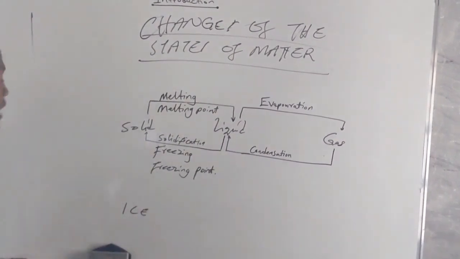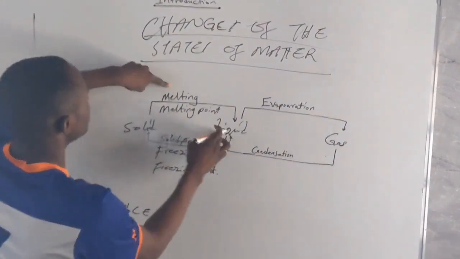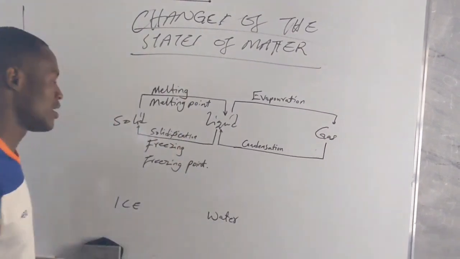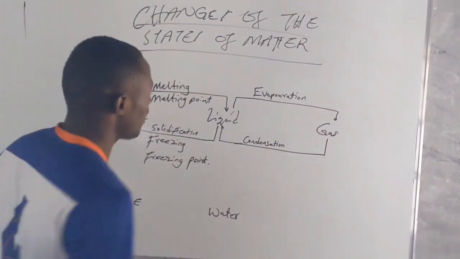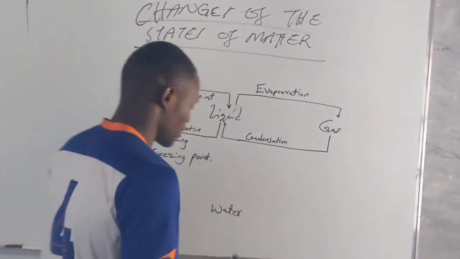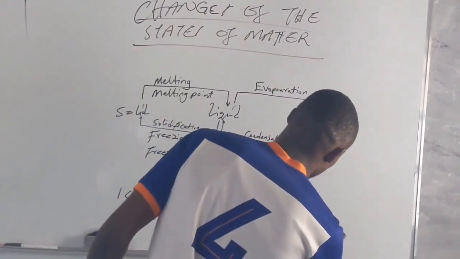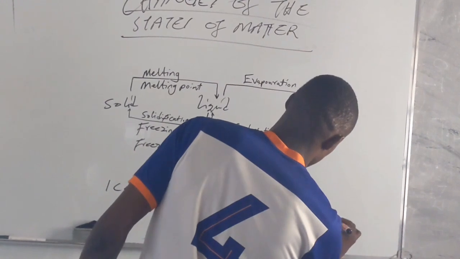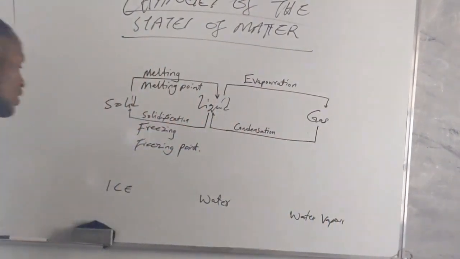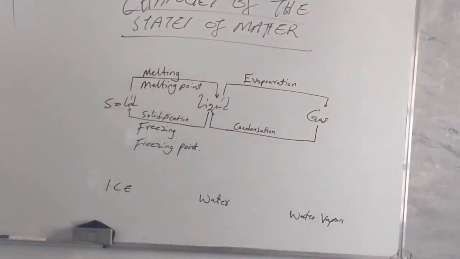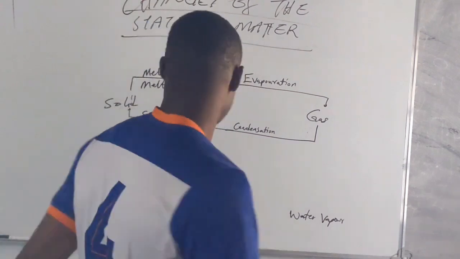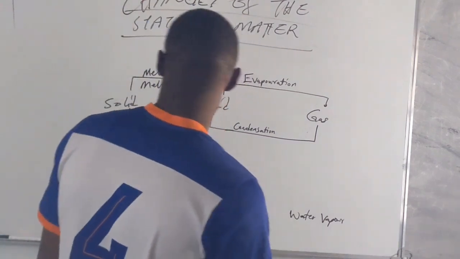Then from ice, it can melt to liquid, which is now called water. Then from water, when it becomes a gas, we say it is water vapor. So ice is in solid form, water is liquid, and water vapor is in a gaseous state.